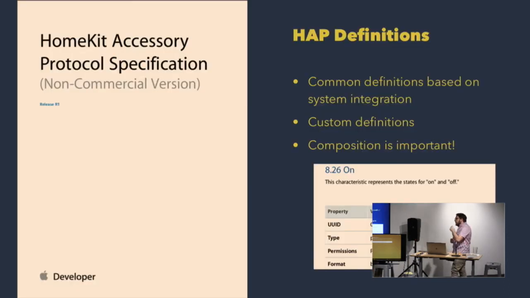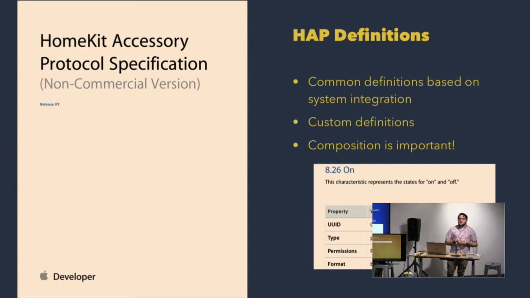Okay, so we have this idea of what it means to have a product, what it means for the product to have features, what it means for those features to have individual properties. But that's not really useful to us unless we agree on what those can mean. iOS, through the use of the HAP specification, knows a lot of characteristics and services.